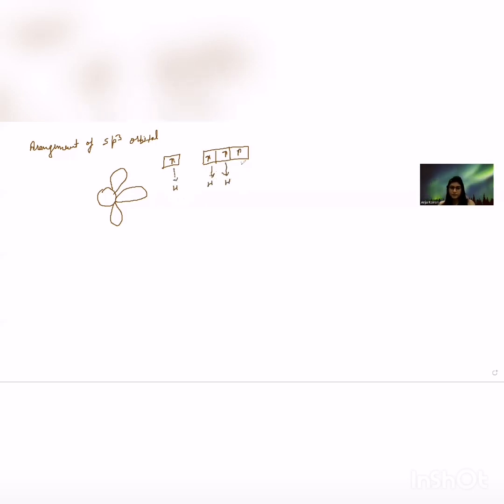Hydrogen only has an s orbital, which is spherical in shape, okay? So hydrogen forms bonds with the 3 p orbitals and 1 s orbital, and the structure becomes like this. I will tell you later what the meaning of this wedge line is. This is a tetrahedral structure. So sp3 hybridization has tetrahedral geometry.